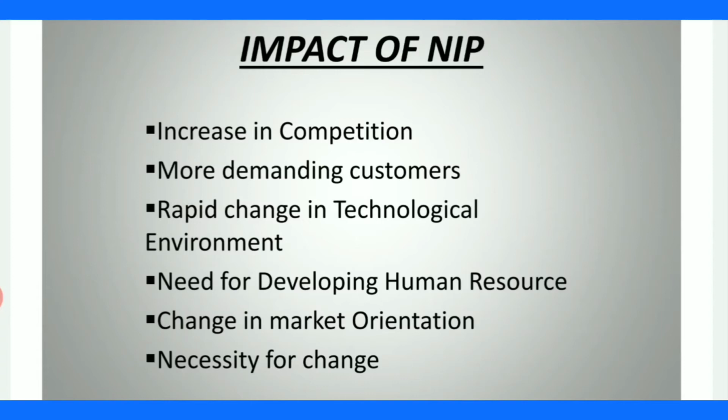Nowadays, the approach is customer oriented, means customer or consumer is considered as king of the market. So earlier the approach was producer oriented. After this, the approach changed to consumer oriented. This is also a major effect or impact which is observed.